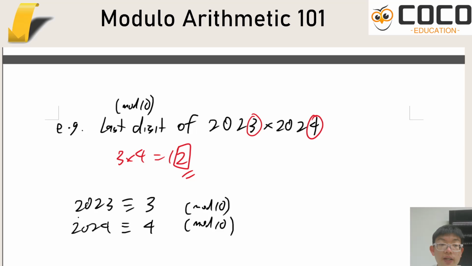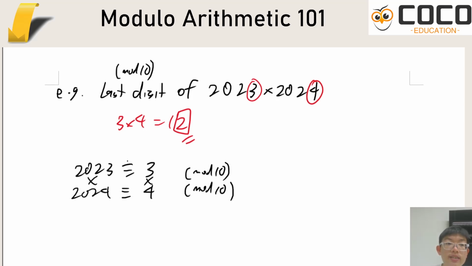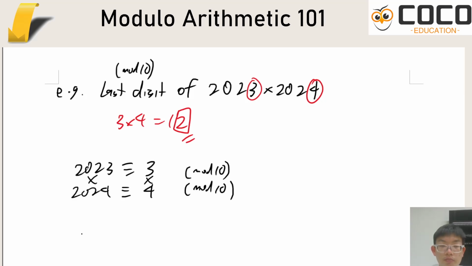And so when I have two things like this being multiplied together, it is also true that you can replace both of them with the simpler representative. This also therefore applies to mod something else.